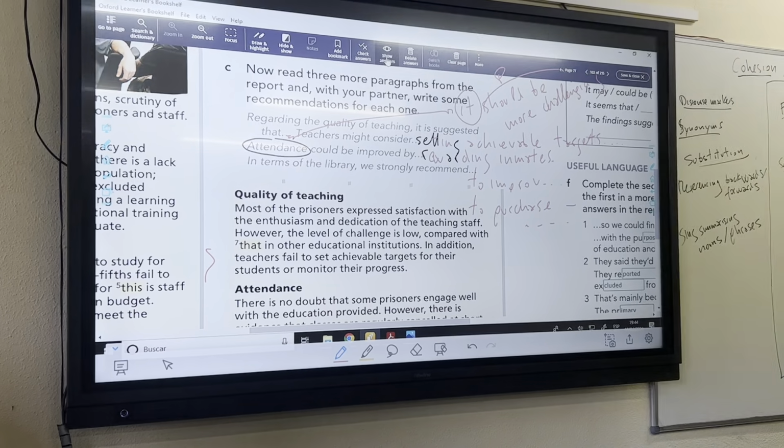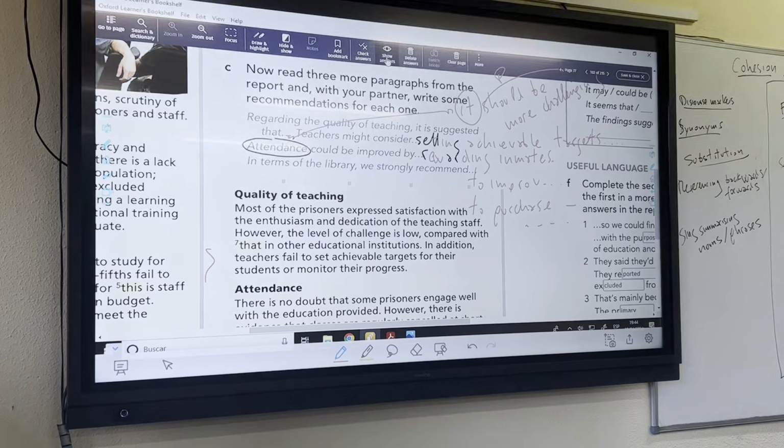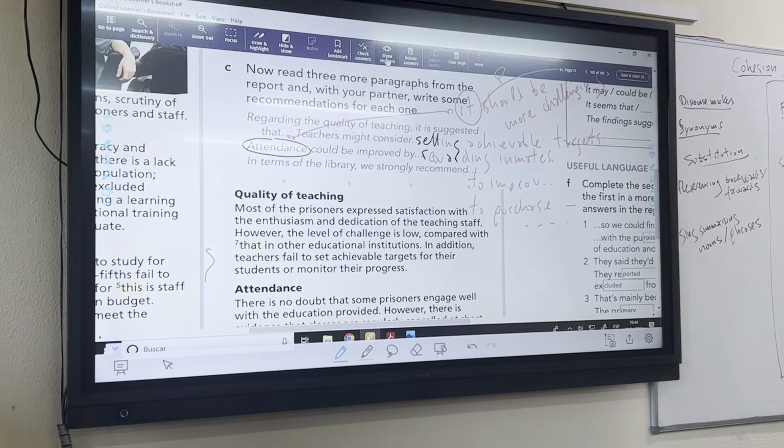And it needs to be cohesive as well by means of cohesive devices. If you use the appropriate linkers, the appropriate discourse markers, synonyms, substitution, devices like that, then the form of the text is also interrelated. So the use of cohesive devices make the text a whole.